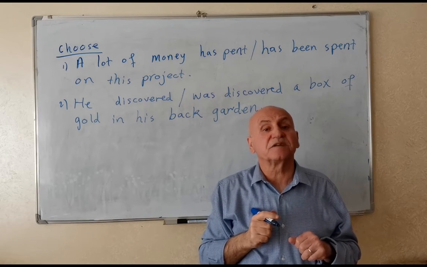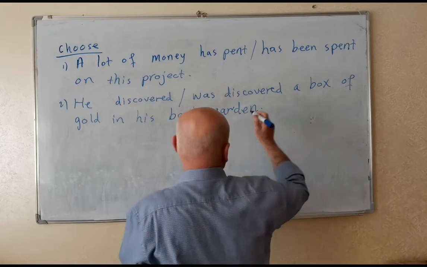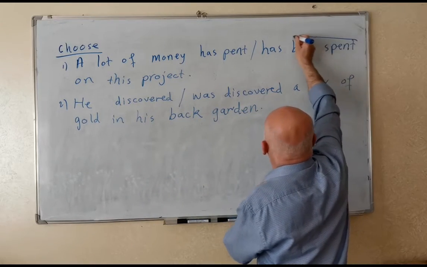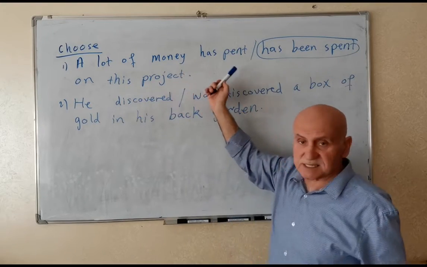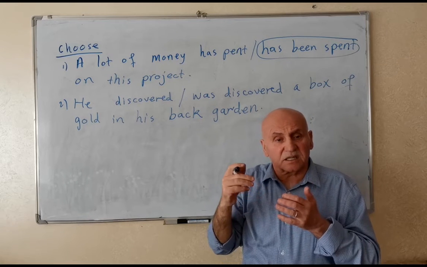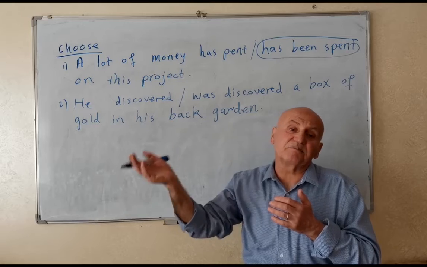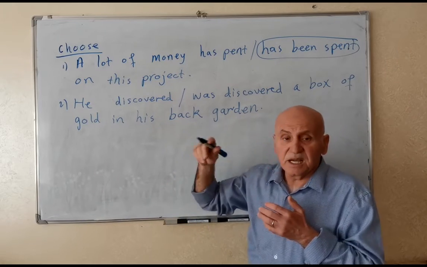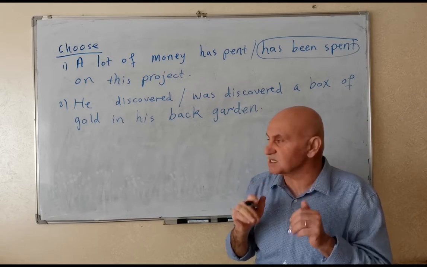Because the meaning is in the passive form. I can't say a lot of money has spent, because the money can't spend. It can be spent. The money has been spent.